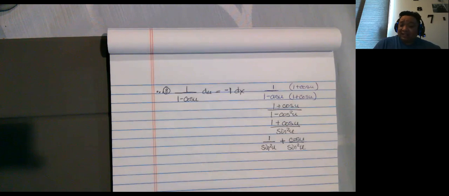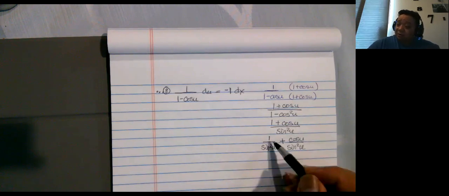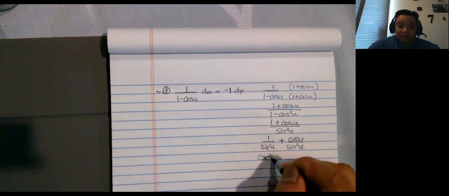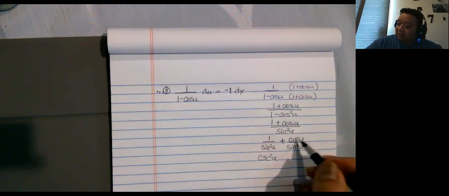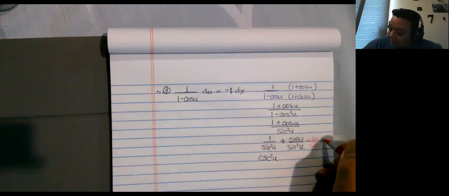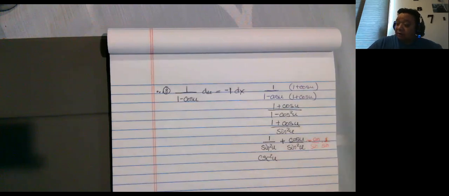Simplifying each one of these expressions, 1 over sine squared is cosecant squared. And this one, you have to split up as cosine over sine times 1 over sine, so that would be cotangent times cosecant.